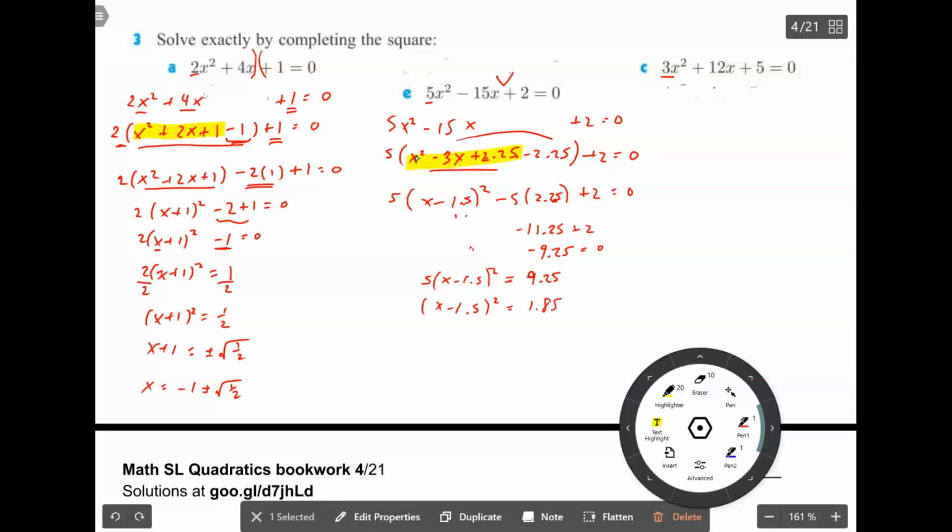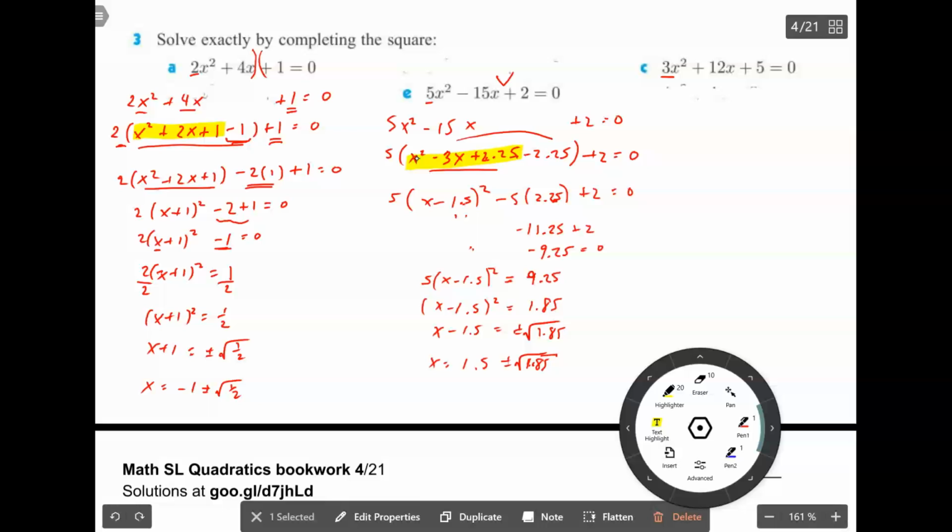Then we're going to take the square root of both sides. So x minus 1.5 equals plus or minus the square root of 1.85. Then I can add 1.5 to both sides. So I get x equals 1.5 plus or minus the square root of 1.85. Okay? And I think I'm done.